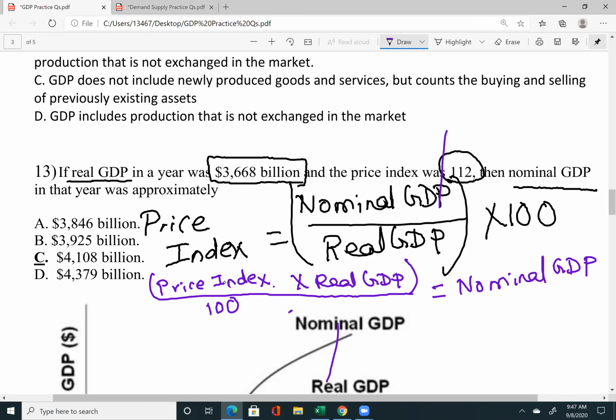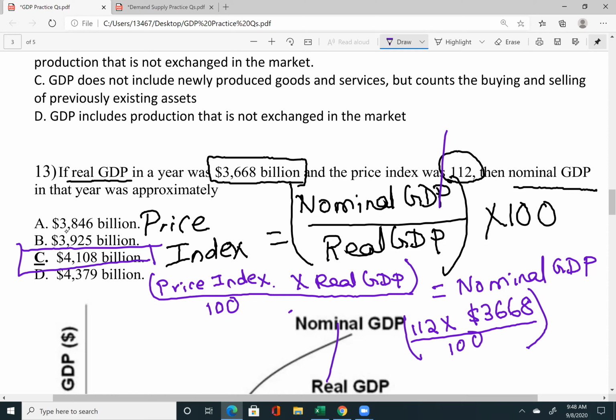All right, my price index is 112. Real GDP is 3668 over 100. If I do the math, use our calculators, we can find the nominal GDP, and the answer is $4108 billion.